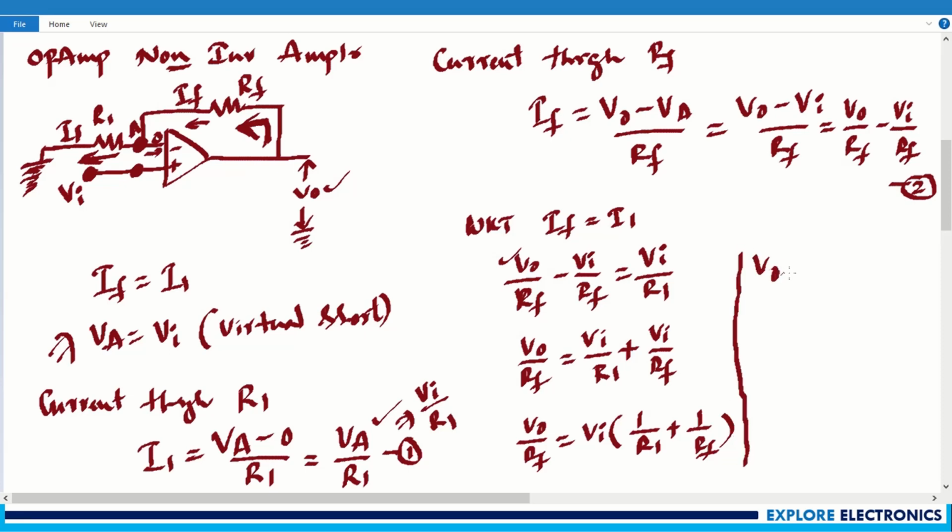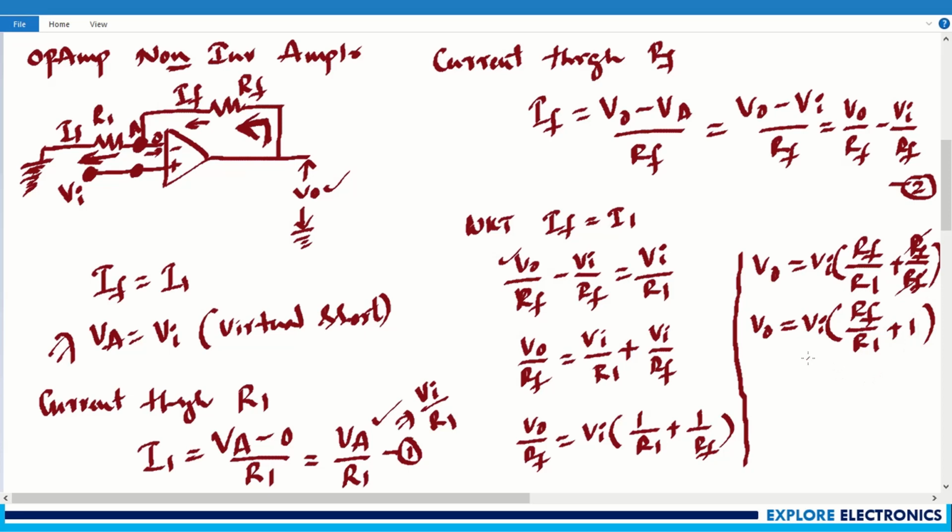Now let me take V0 and take this Rf to the right side. It becomes Vi into Rf. Let me multiply into the resistors: Rf divided by R1 plus Rf divided by Rf again. Here this Rf gets cancelled. So the V0 expression will be equal to Vi into Rf divided by R1 plus 1. So this is the expression for V0.